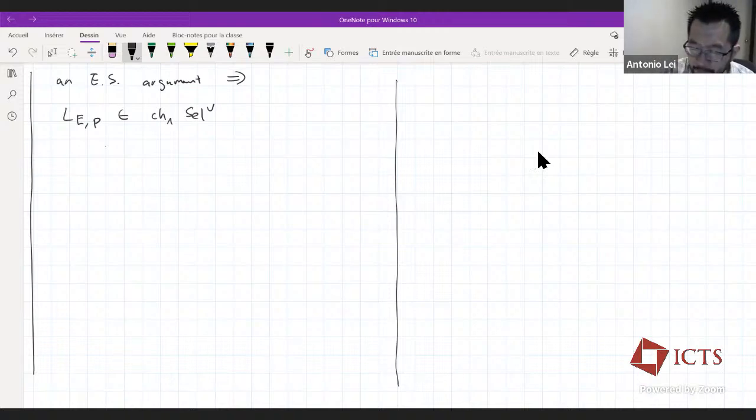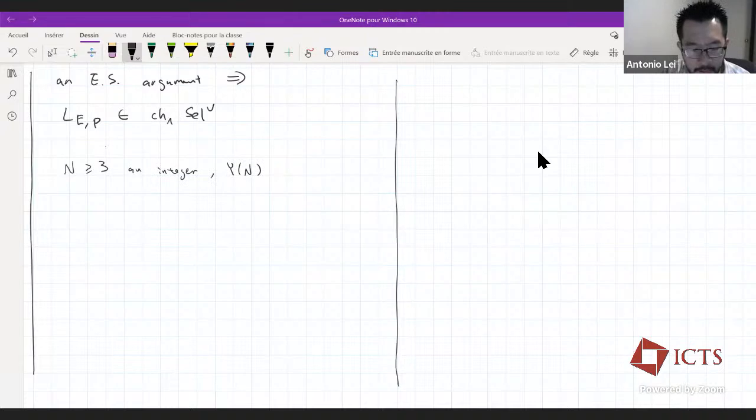So let me begin by fixing a level N. N will be an integer at least 3, and I'll write Y_N to be the modular curve parameterizing elliptic curves with a basis e1 and e2.